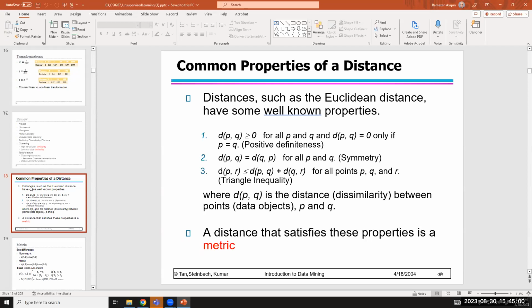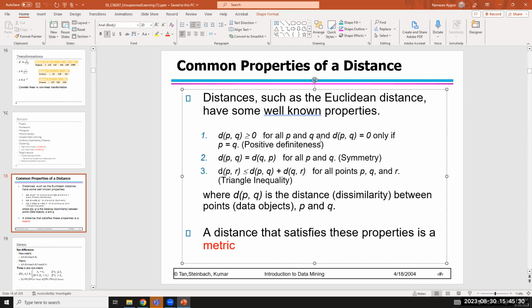So what are the common properties of a distance? These could be considered good properties, and we are going to name them metric. Firstly, the distance between P and Q is 0 only if P and Q are the same.